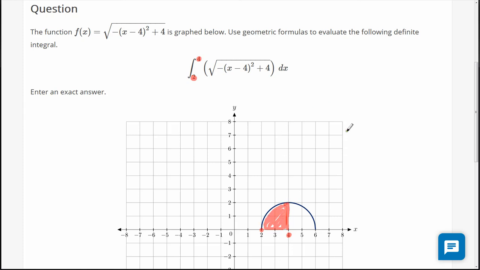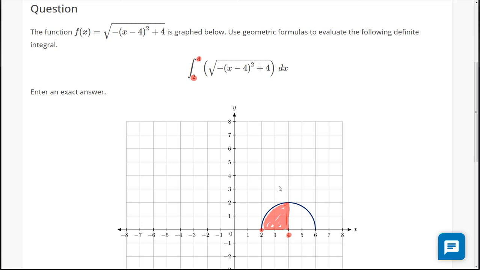And so the bad news is that it's curvy, and so that's kind of scary. But the good news is that not all curves are beyond our understanding. In particular, this is a circle. If you do the algebra, you can recognize that this is the equation for a semicircle.